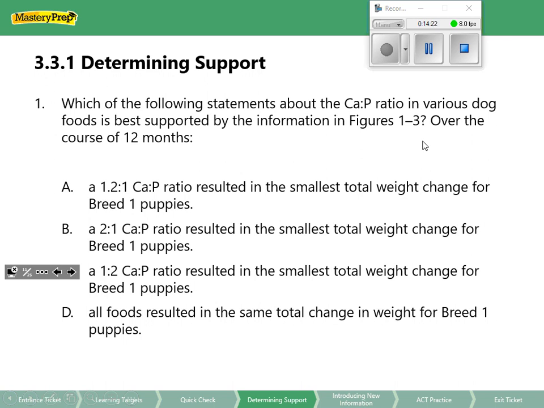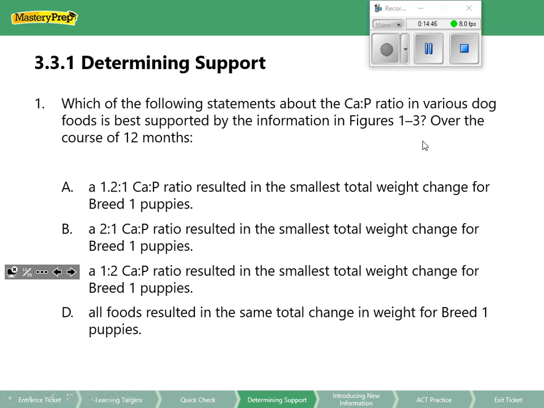So figures 1, 2, and 3, which one is that talking about? That one's talking about a specific one. Figure 1. Where do we see that number? It's right above the x-axis, isn't it, in that diagram? Because it said food X with a 1.2:1 right there.